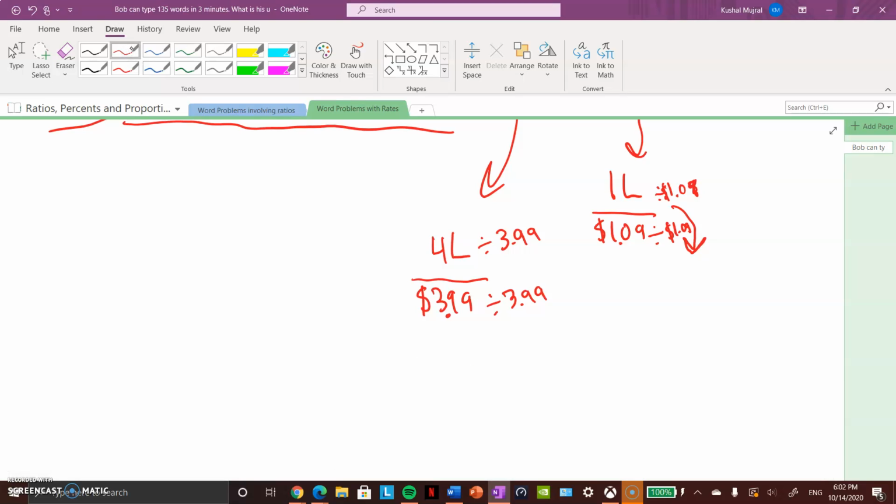So, 4 liters, you're going to go 4.00, you're going to divide it by 3.99 in a sort of long division.